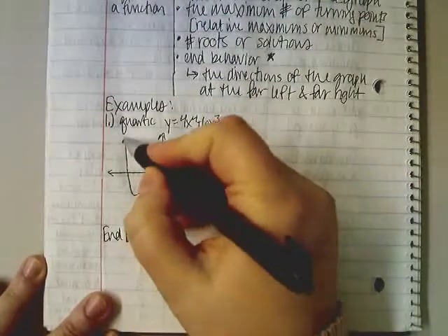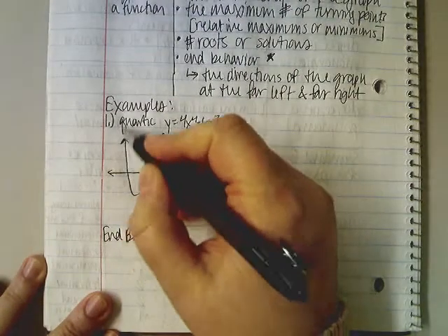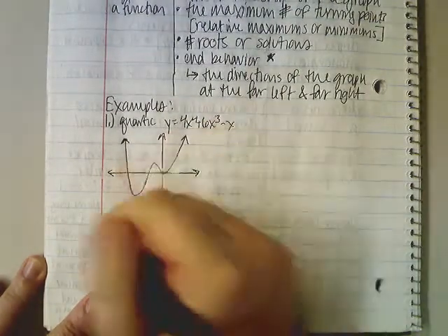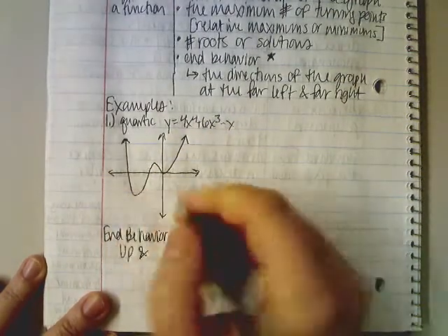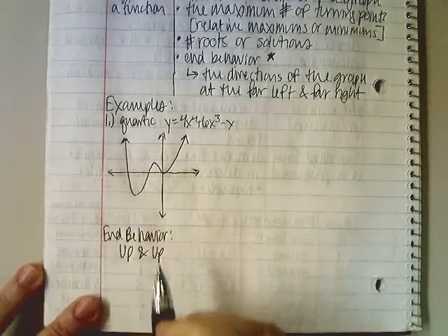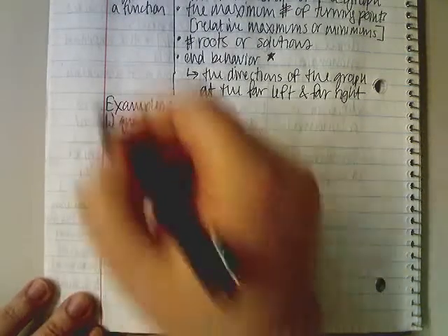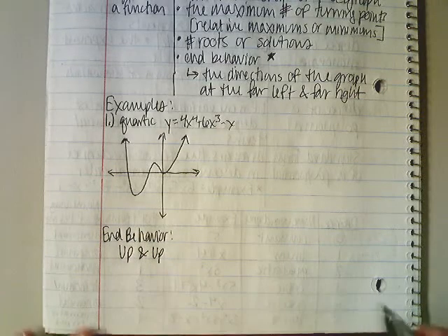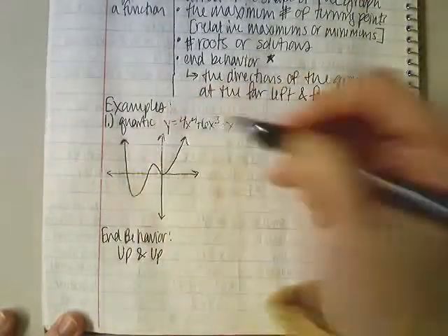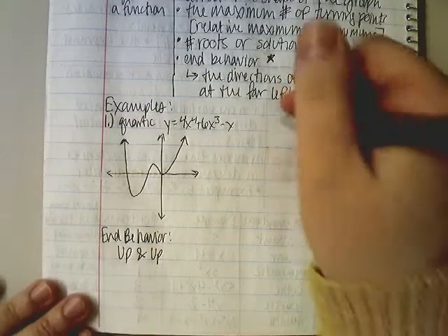If we look at the end behavior, the far left is this arrow. So as this arrow goes on forever, it goes up, so the end behavior to the left would be up, and to the right would also be up. So our end behavior here is up and up, or forever increasing on both ends of the function. So end behavior again is basically where these arrows are pointing as the function continues on forever.